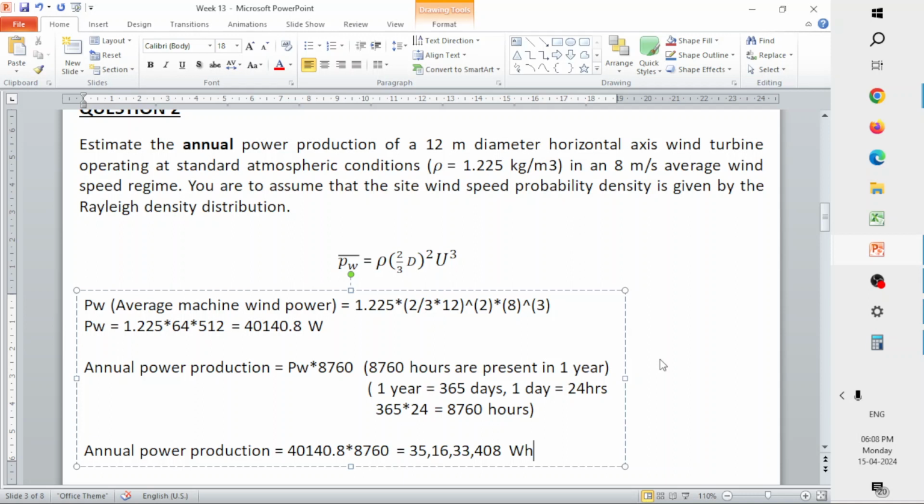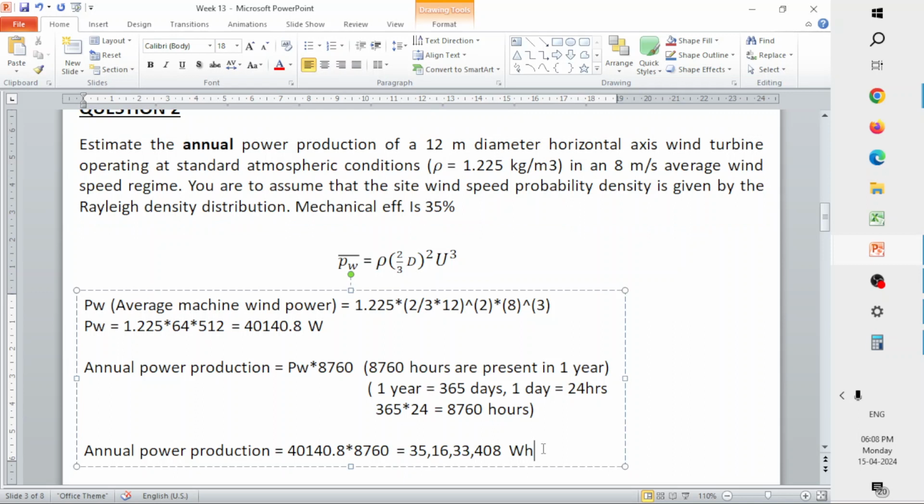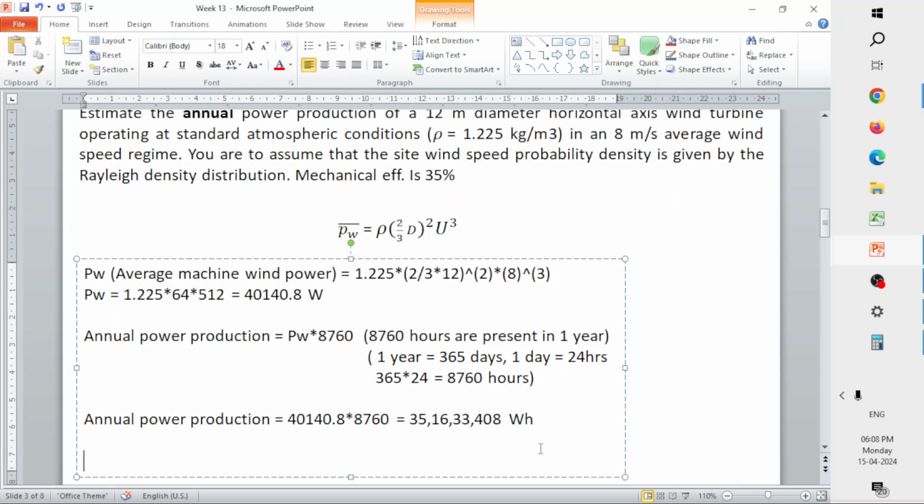Here in this question nothing is given, but if you are given the efficiency of the turbine, let's say the mechanical efficiency is 35%, then you are supposed to multiply that efficiency with the annual power, because that is what you can actually harness.